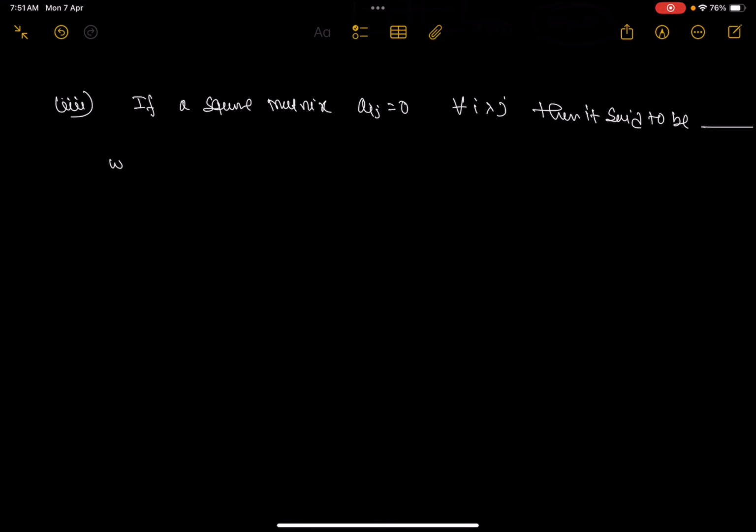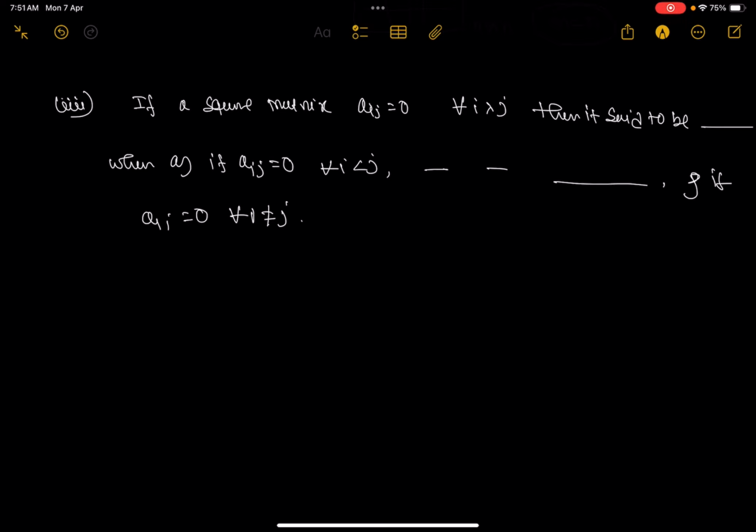For this problem, you see most of the concept is clear. If a square matrix A has A of ij equal to 0 for all i greater than j, then it is said to be dash, whereas if A of ij equal to 0 for all i less than j, then it is said to be dash, and if A of ij equal to 0 for all i not equal to j, then it is said to be dash.